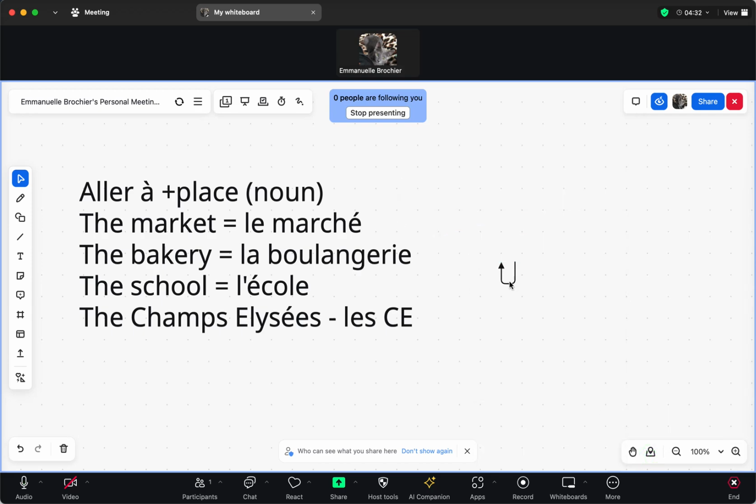It's gonna be easier. Let's do it again. So here I have à. Let's say I have à plus le. After, I have à plus la. After, à plus l'apostrophe. And à plus les. So how does it work?